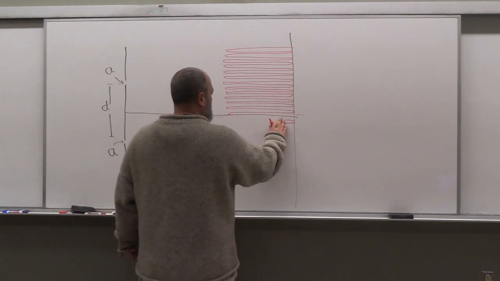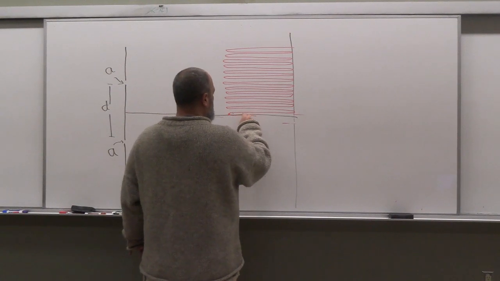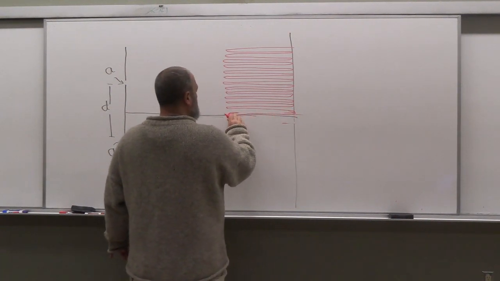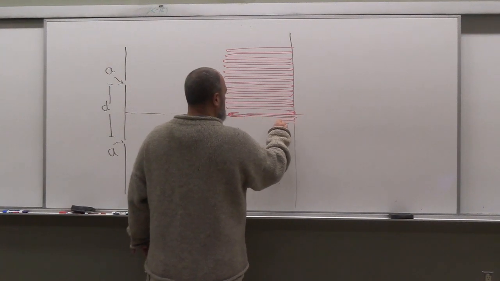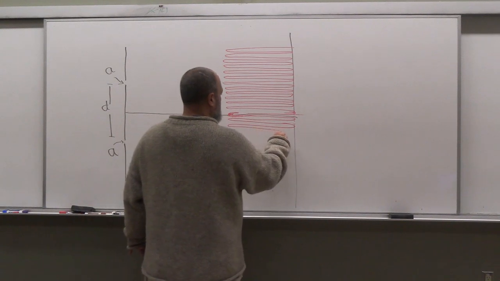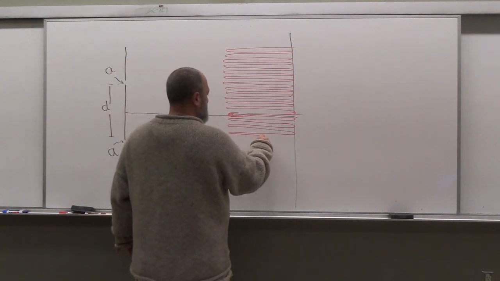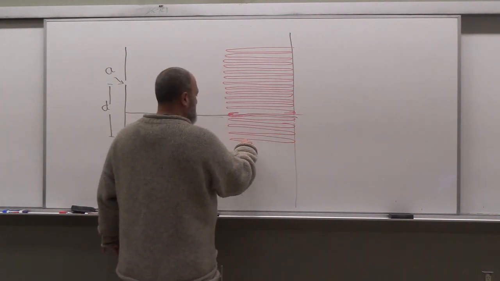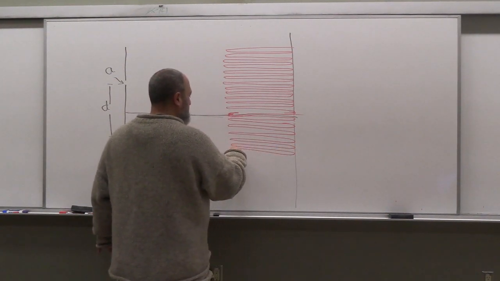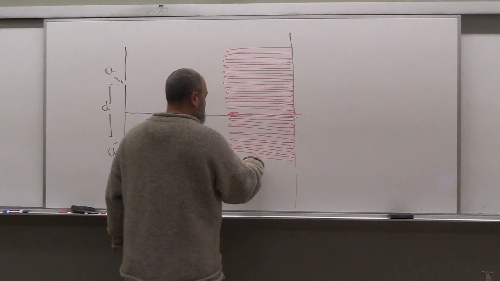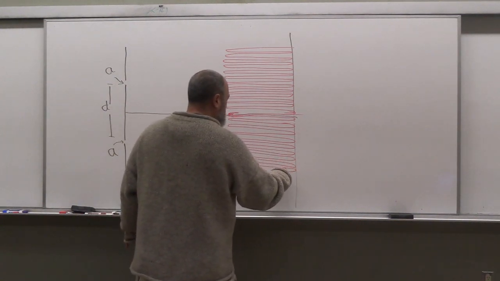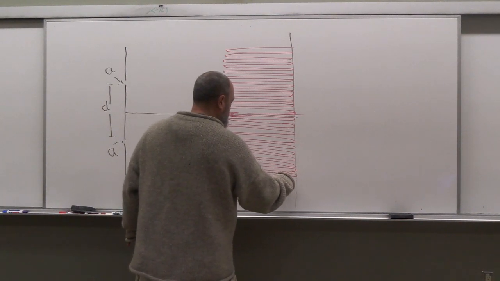This is not wider than the rest, same width, same separation, same everything. And this is an idealized interference pattern from a double slit where you don't consider the width of the slits.